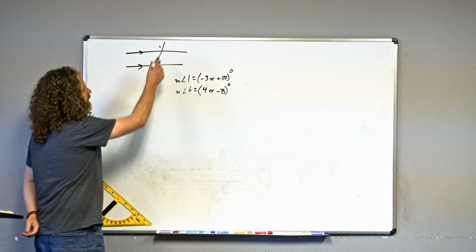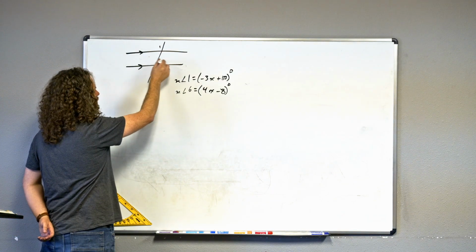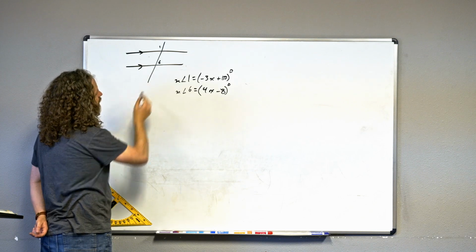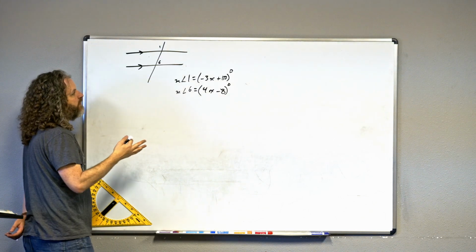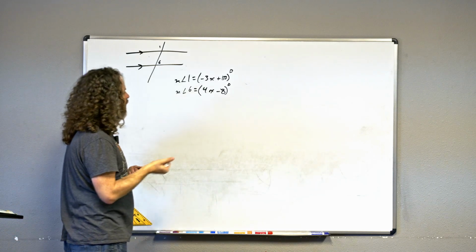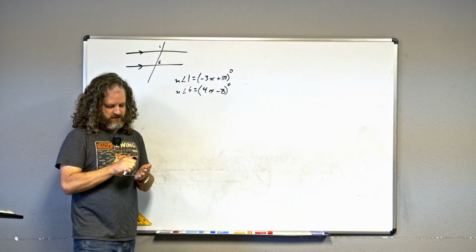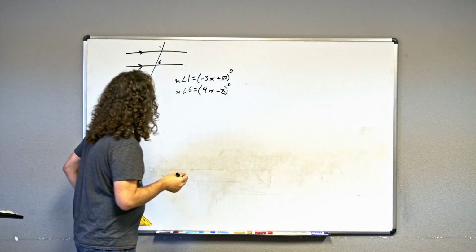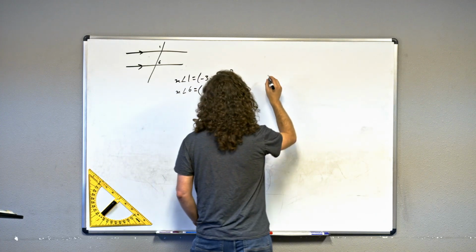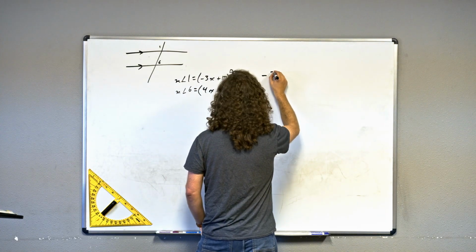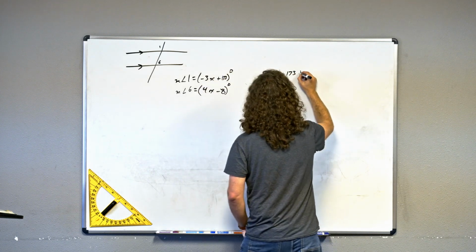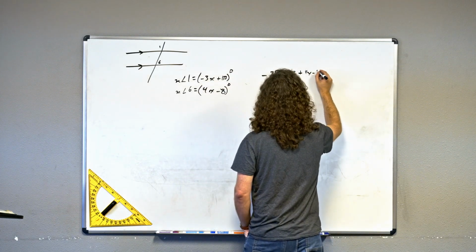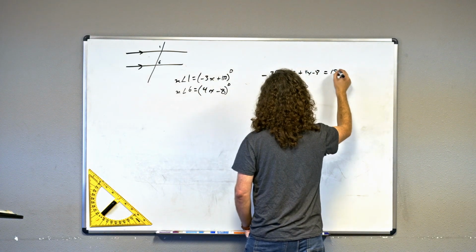So you'd either go corresponding and then the supplement theorem, or vertical angles and same side interior. Either direction, they are supplementary. So what equation would we write? Angle 1 plus angle 6 equals 180. Yep. Negative 3x plus 173 plus 4x minus 8 equals 180.